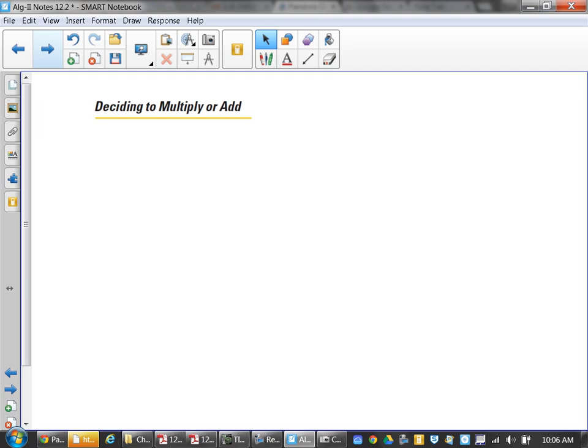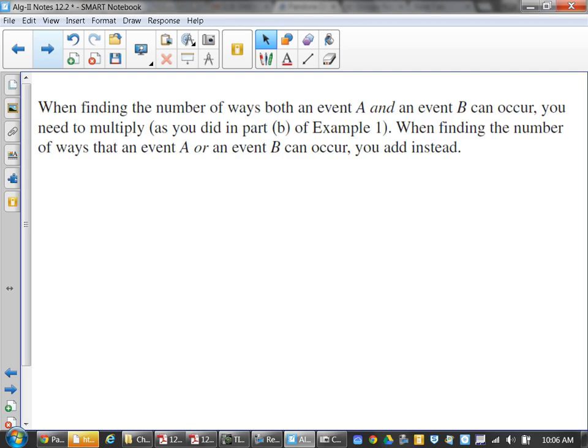So now, we have these things. When you're dealing with these combinations, there are times that you're going to multiply them together, like we just did, and there's going to be times that we're going to add them together. When you're adding them together, it's a really easy way to look at it. I'm going to go right to an example because I'm going to run a little bit short here. When you want to find the number of ways both an event and another event can occur, you need to multiply.